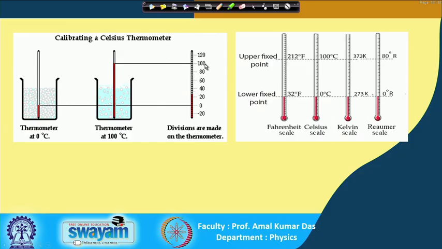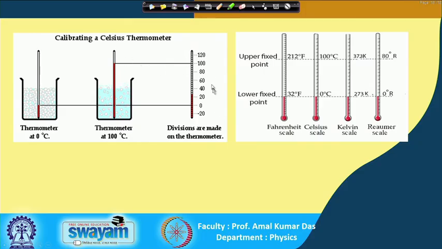But you have to calibrate with the standard. At least in this case you need these two. Okay. One is ice temperature, 0, and another is boiling water temperature, that is 100.